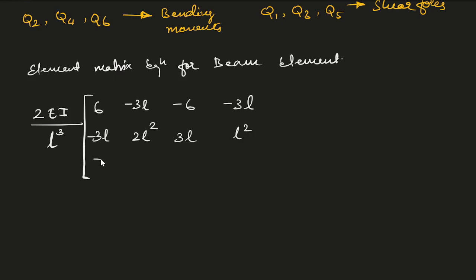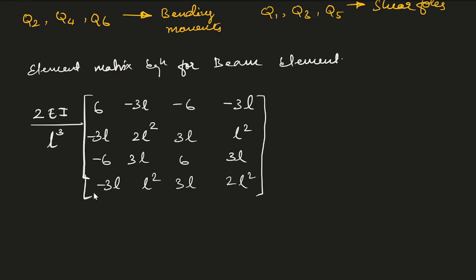Third row we have minus 6, 3L, then 6, then 3L. Now the last row, that is minus 3L, L square, here we have 3L, then the last one is 2L square. So this completes the stiffness matrix.